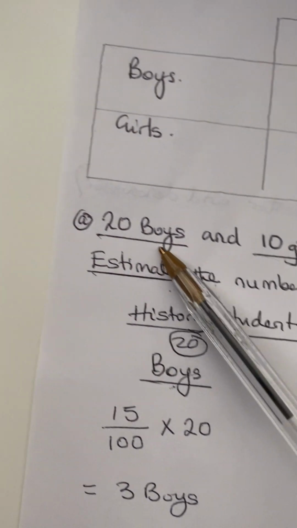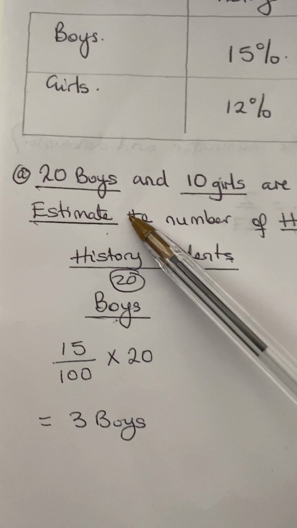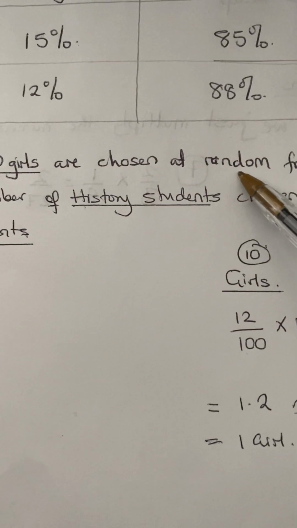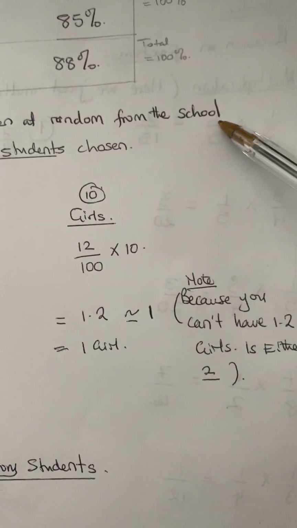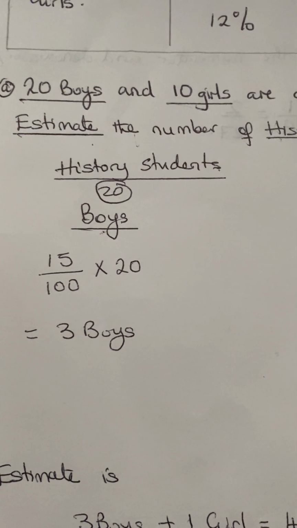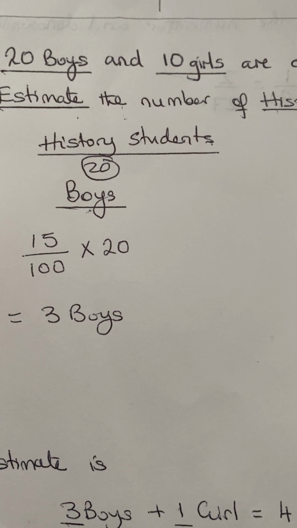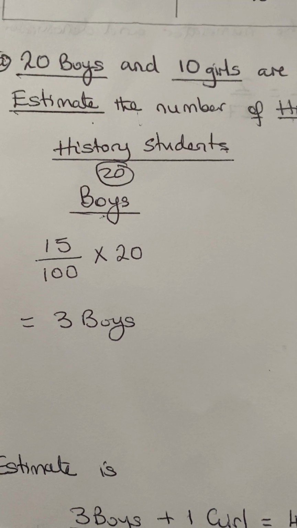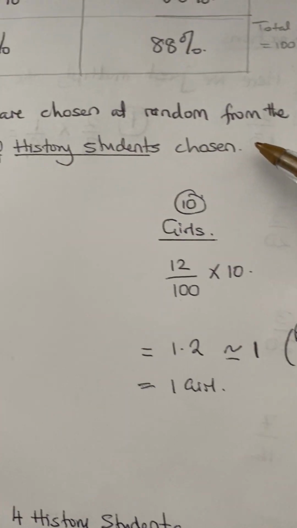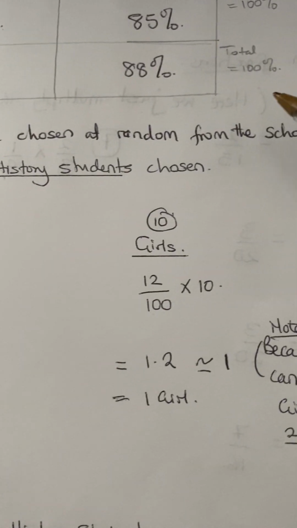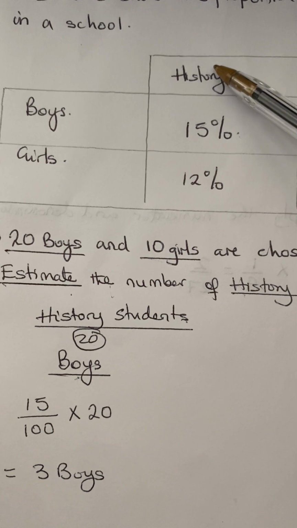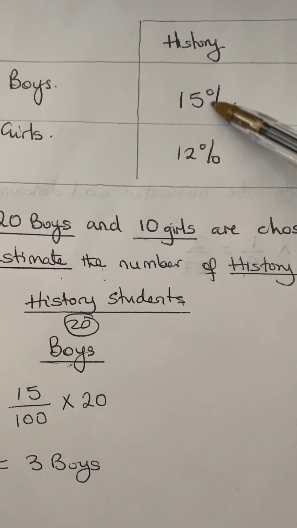Now, the first part of the question, 20 boys and 10 girls are chosen at random from the school. Assuming you went to the exam and then you saw this question. Estimate the number of history students chosen. So straight away, I come to the column history.